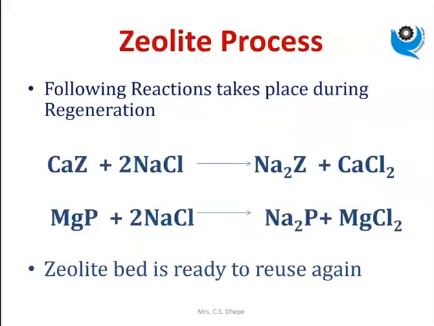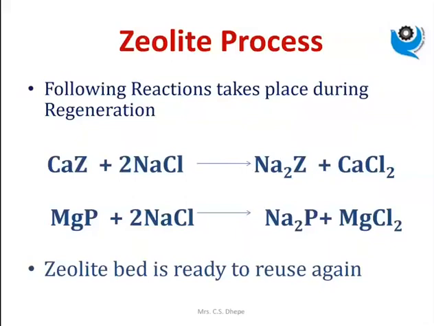Magnesium zeolite or magnesium permutit with brine solution forms sodium permutit or sodium zeolite, and magnesium chloride comes out. In this way, all the magnesium and calcium ions are replaced by sodium, and your zeolite bed is again ready to reuse.